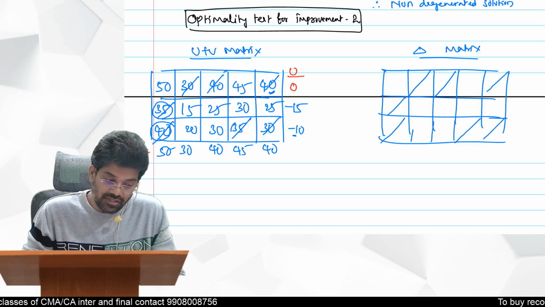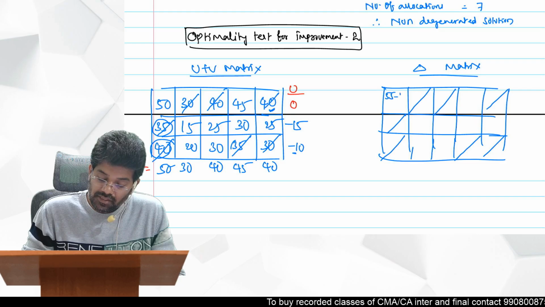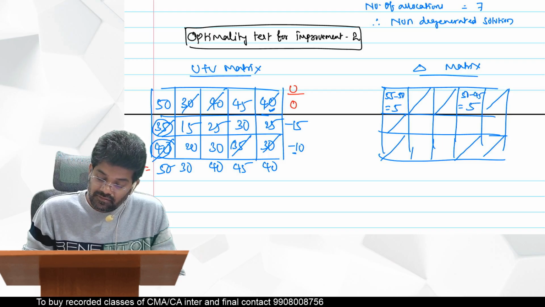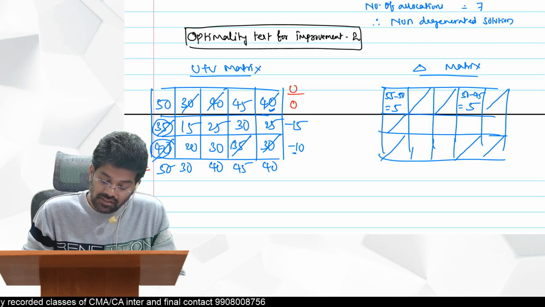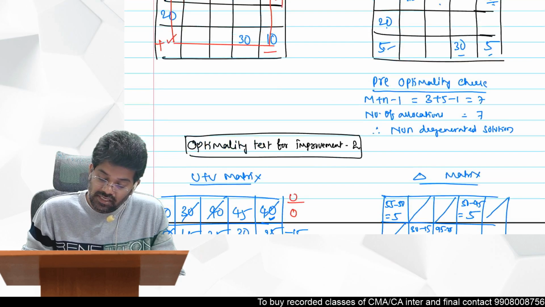Yes, now calculate the change values. First one, original cost here is 55. 55 minus 50 is equal to 5. Then original cost here is 50, so 50 minus 45 is 5. Here the original cost is 30. 30 minus 15 is 15. Here the original cost is 95. 95 minus 25. What is the original cost in second?